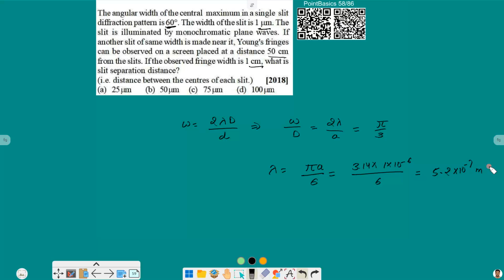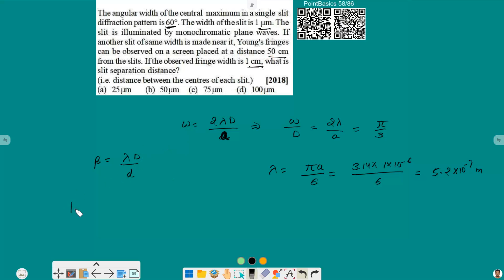Now we have the interference fringe width, that is beta, and that is lambda capital D by small d. Here it should be A, because in case of diffraction we normally write it as A, and for interference we write it as D. So we got the lambda, and we have the interference fringe width, that is 1 centimeter.